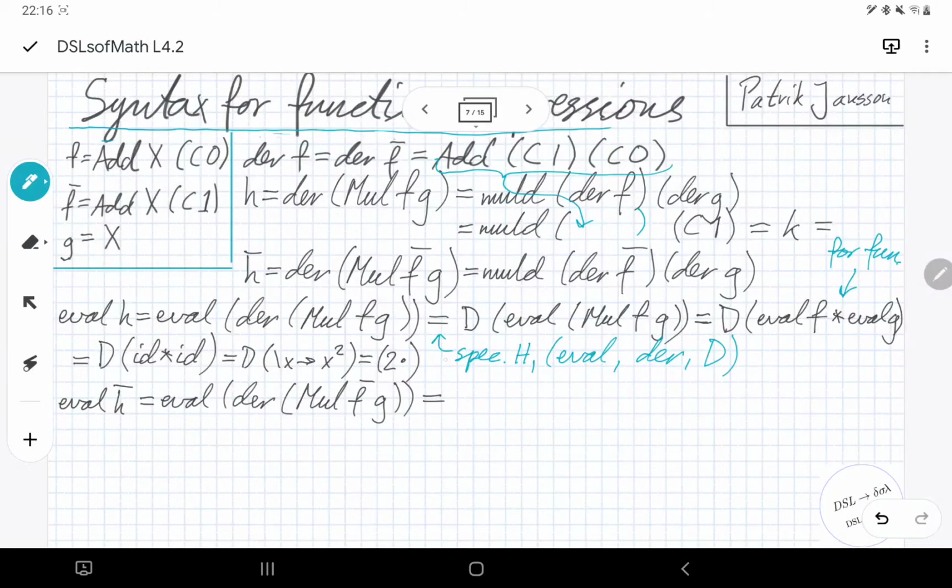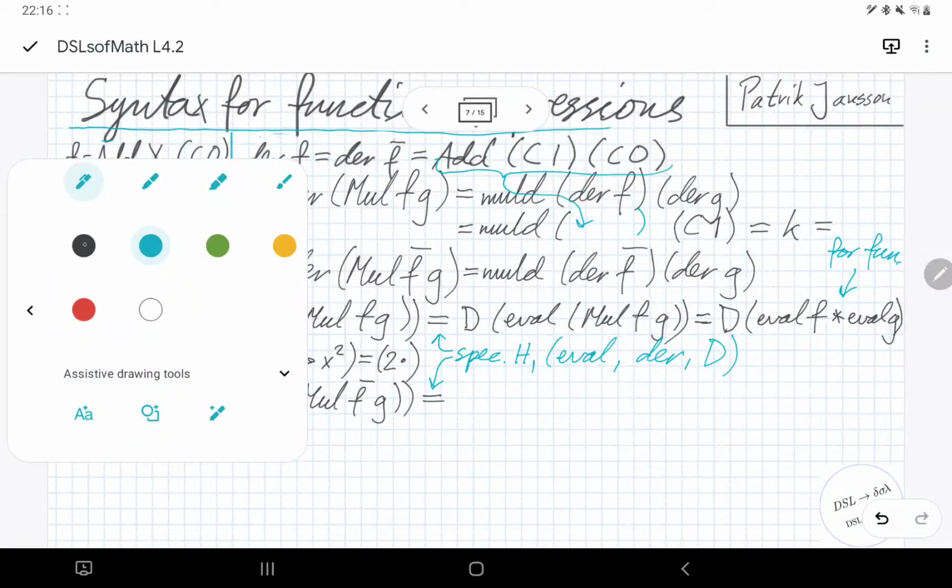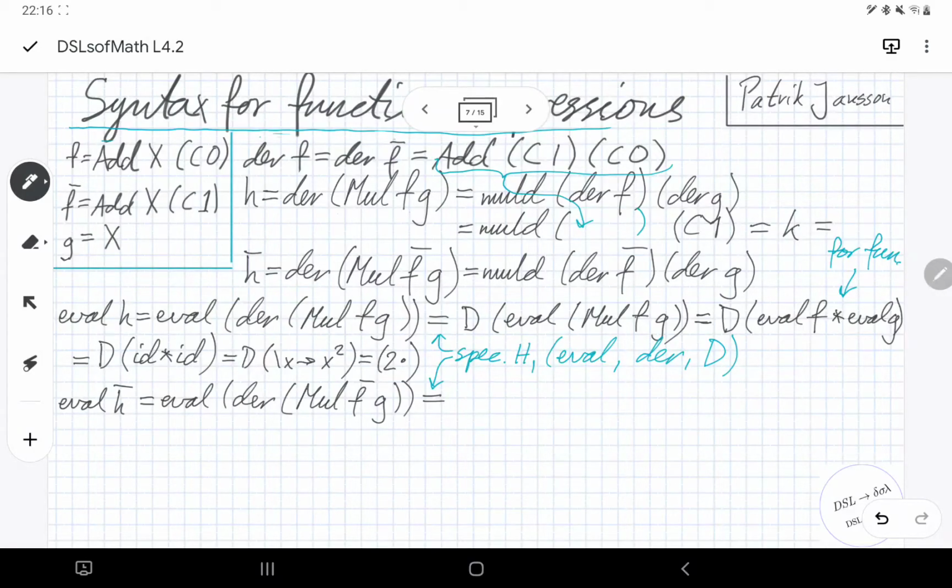The specification says that eval after der is d after eval. So we can push eval inwards to this position, and otherwise the expression remains the same, mul f bar g. And using the same law as above, it's the derivative of eval of f bar times eval of g.